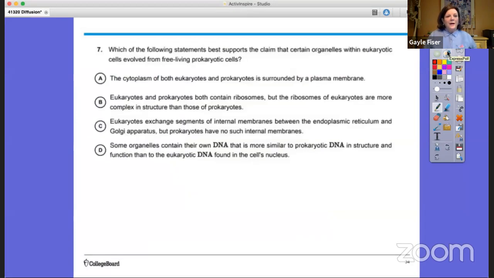All right, which of the following statements best supports the claim that certain organelles within eukaryotic cells evolve from free-living prokaryote cells? A, the cytoplasm of both eukaryotic and prokaryotic cells is surrounded by a plasma membrane. Oh, this kind of looks like something we've already done, just a little bit different.